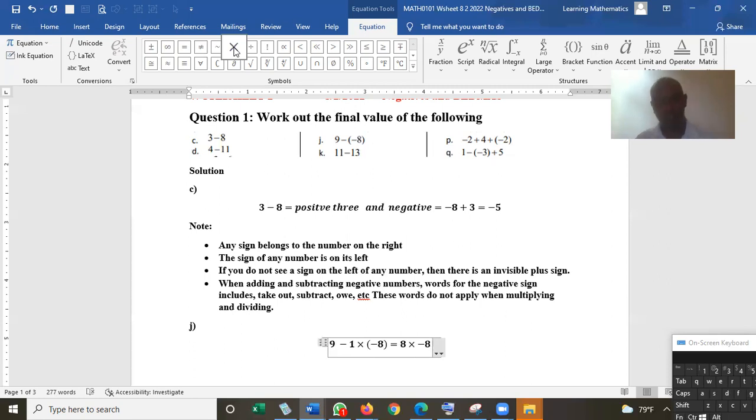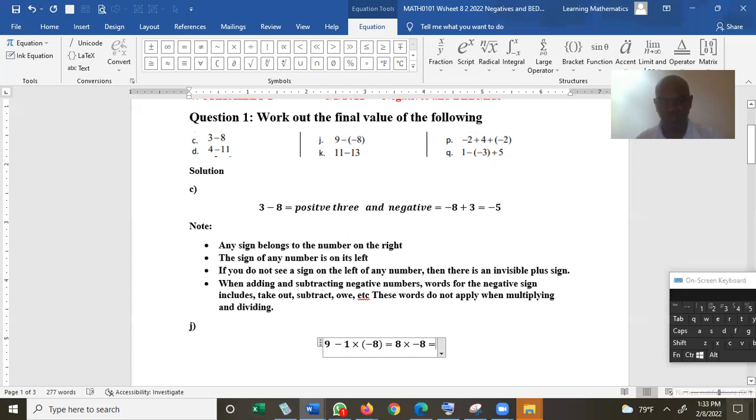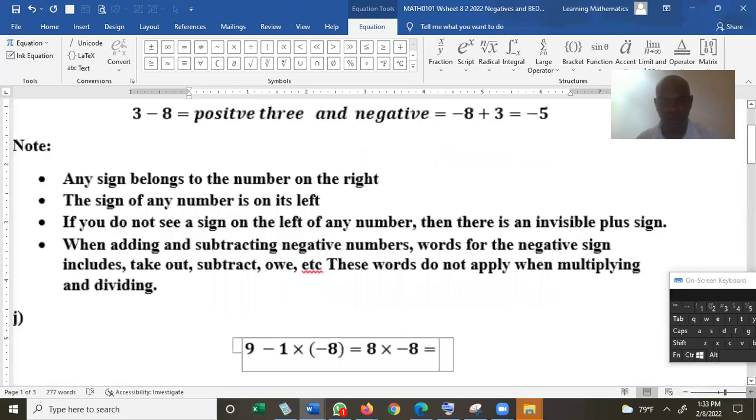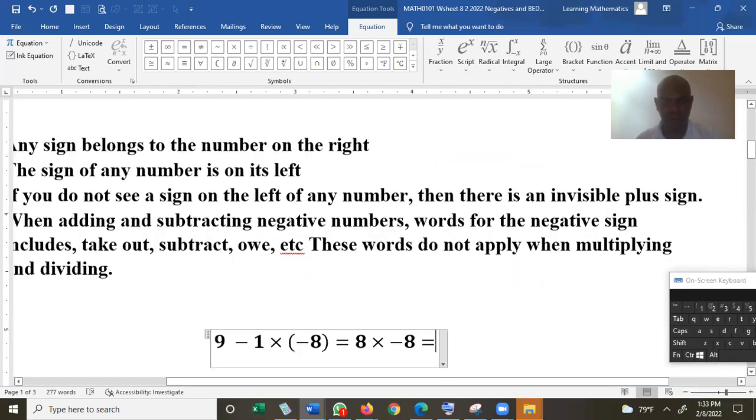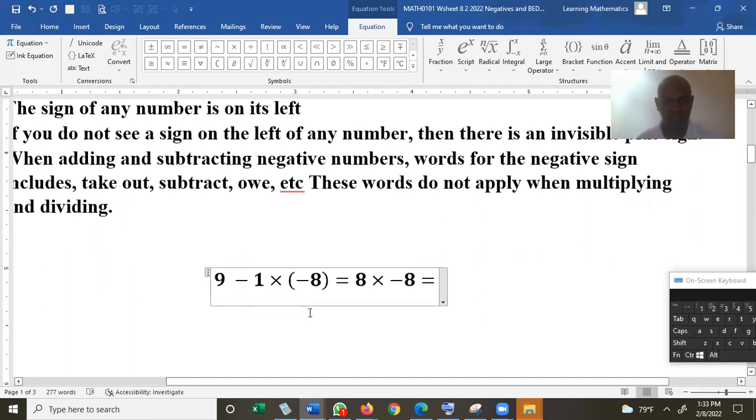Just to get some feedback, what I just did there, is this correct, anybody? I say 9 minus 1 is 8, 8 times negative 8. Is that correct? Yes or no?